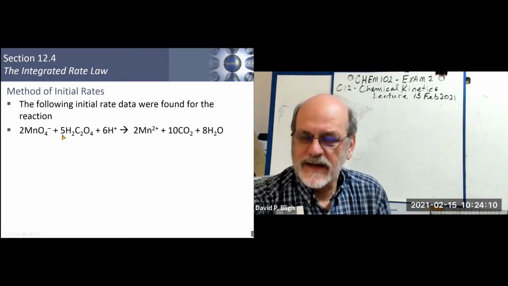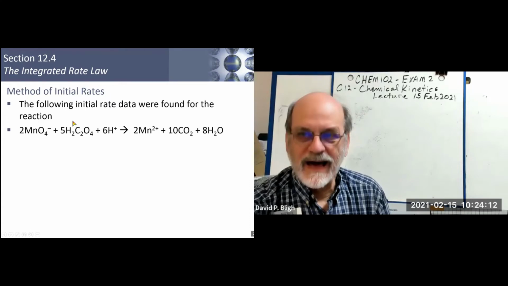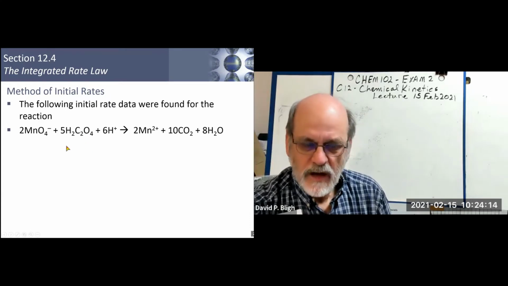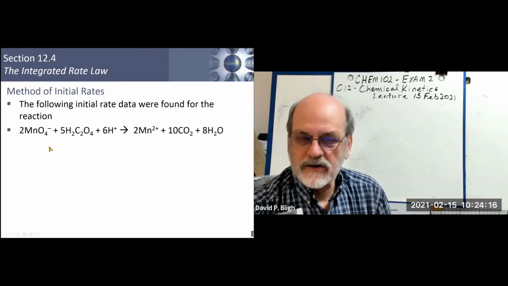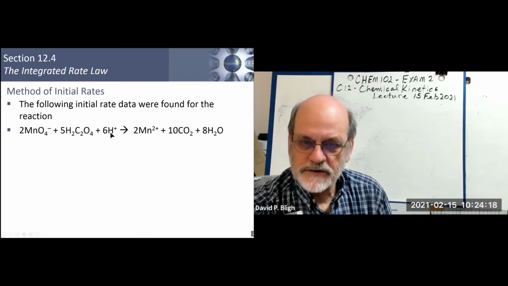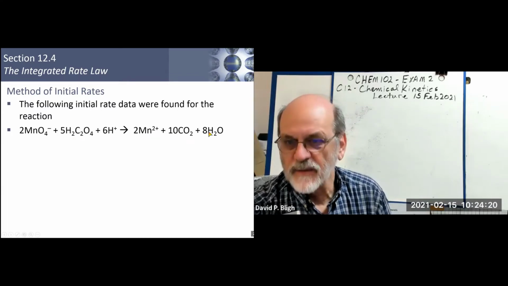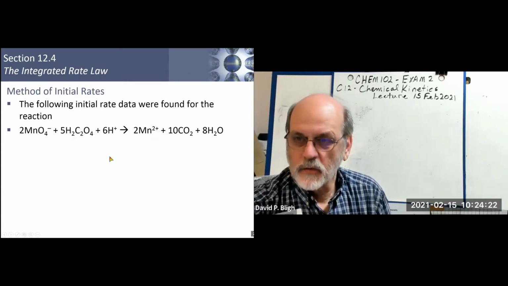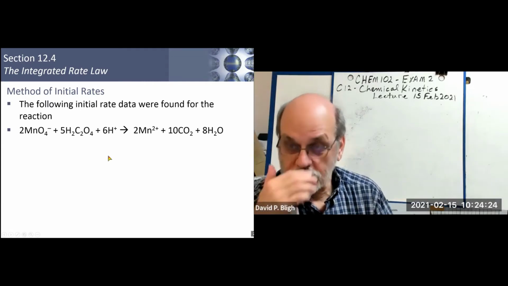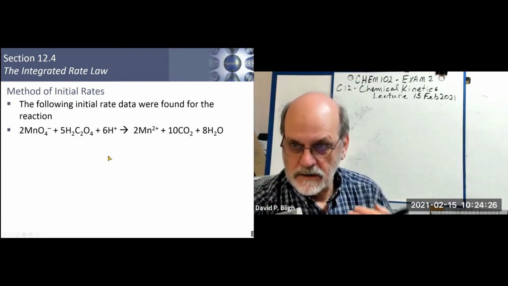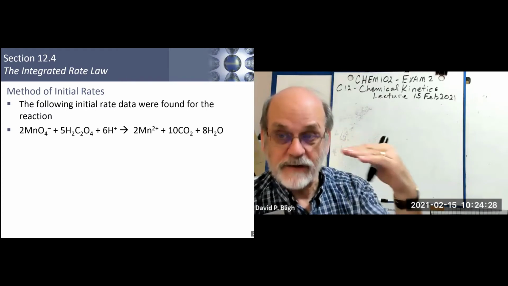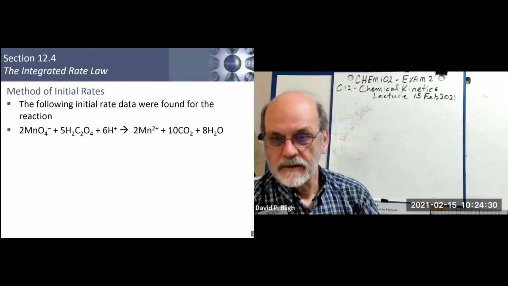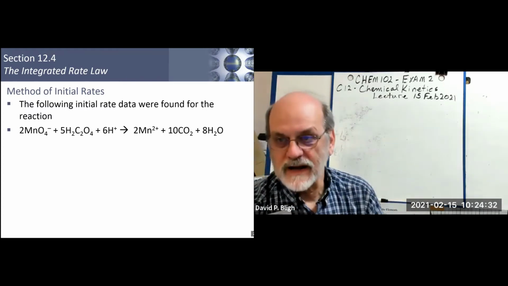If we had the spectator ions in there, the charges would balance. But this is the net reaction, and these are the reactants that we're interested in, and these are the products that come out. Right? So we're going to describe this reaction in several experiments with different initial rates.